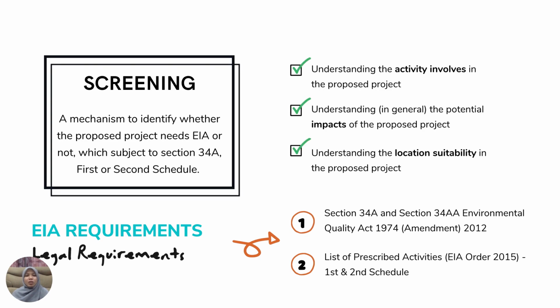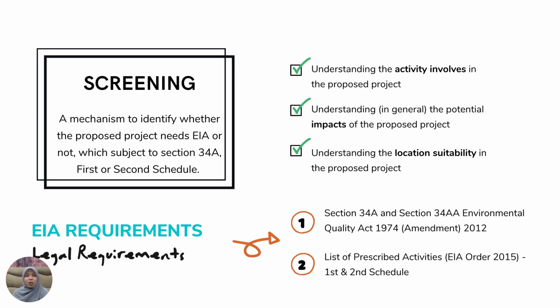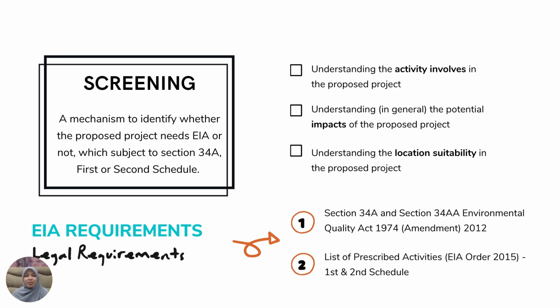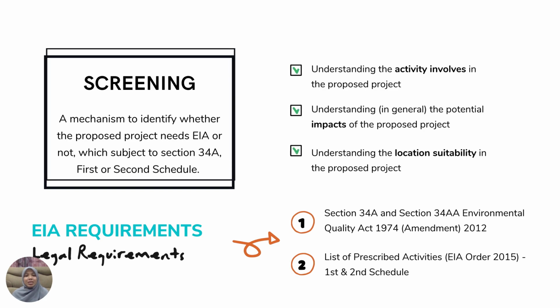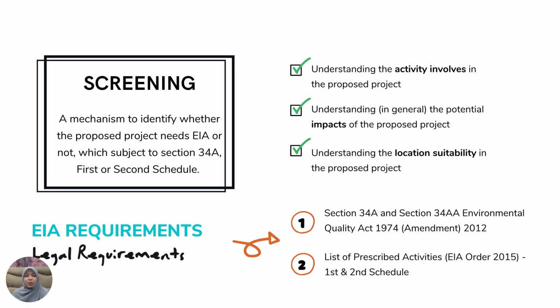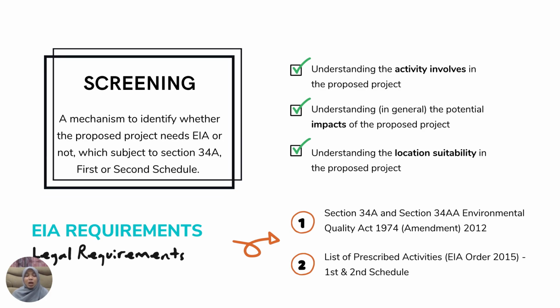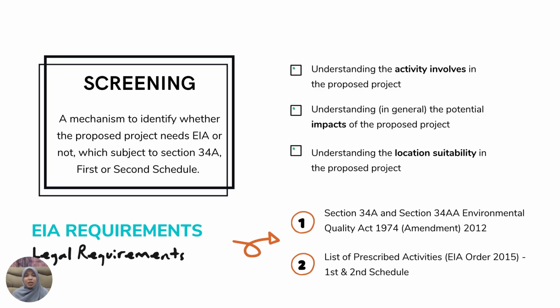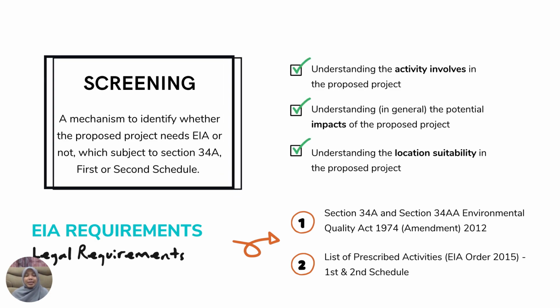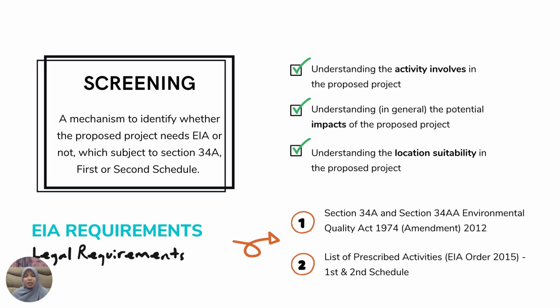To fulfill the requirements in these sections, we need to refer to the list of prescribed activities, which is the EIA Order 2015, whether the proposed project falls under the first or the second schedule. If it does, the project proponent needs to hire somebody competent in EIA preparation to prepare the EIA report.